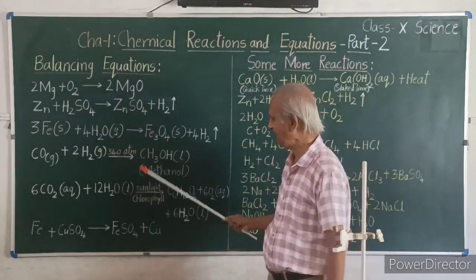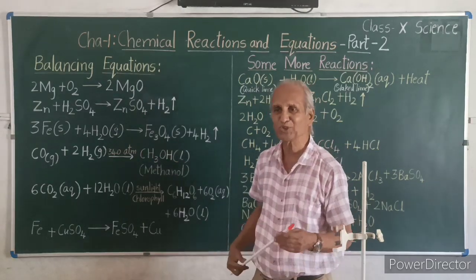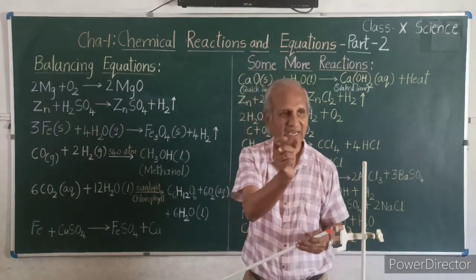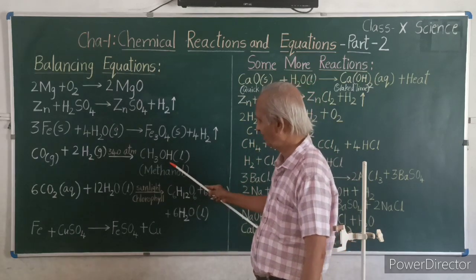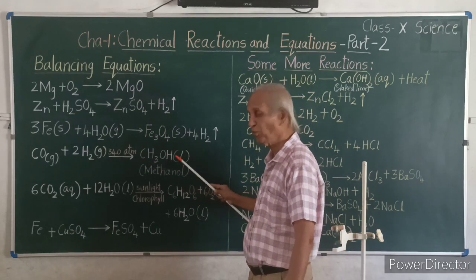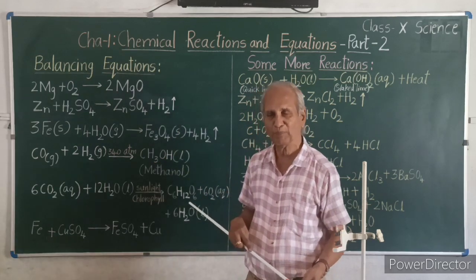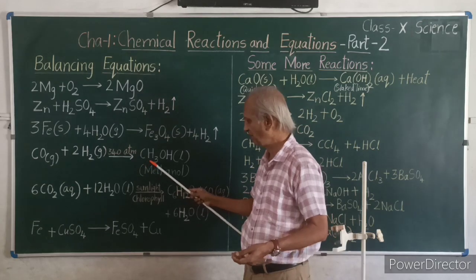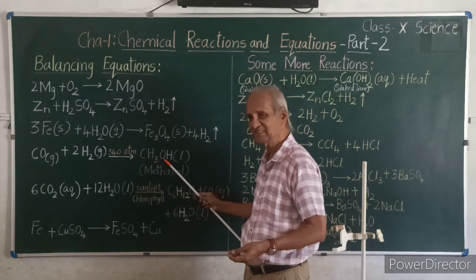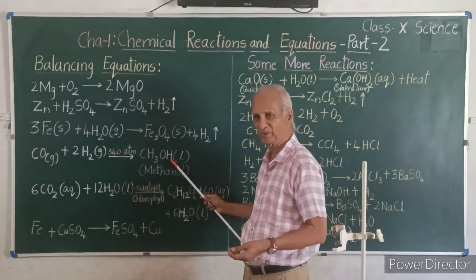Without any doubt we can say CH3OH is the most complex one. The very writing tells it. So we will start from here. Now CH3OH molecule is made up of three kinds of atoms. One is carbon, another one hydrogen, third one is oxygen. This is again hydrogen.